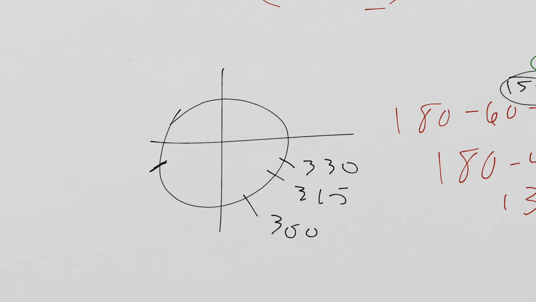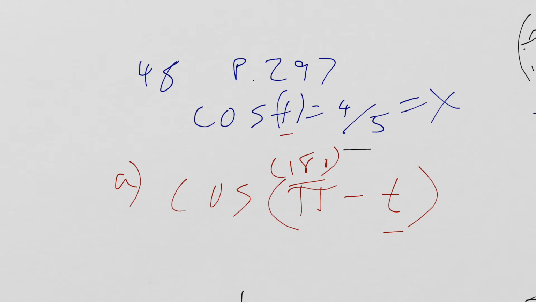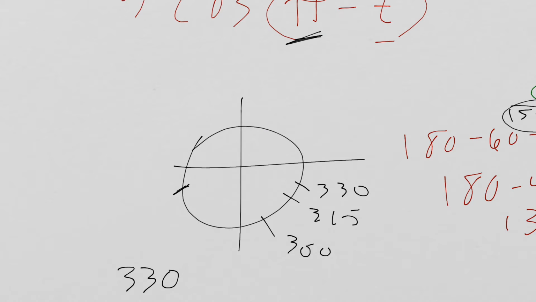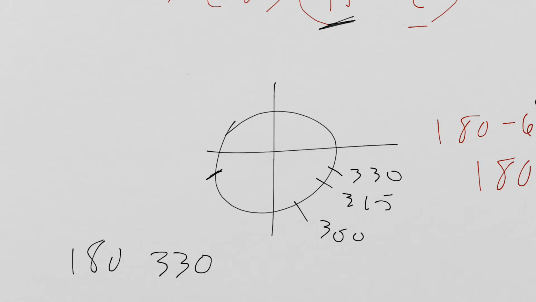Maybe I'll write this down. So the first one I did was 330, 180 minus 330. 180 minus 330 is negative 150. Negative 150 is right here.